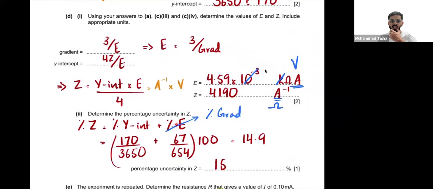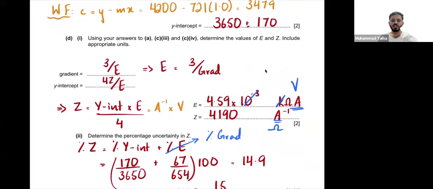Determine the percentage uncertainty in Z. So if you look at the formula here, it's the product of two things divided by a constant. So percentage uncertainty in Z would be percentage uncertainty in the y-intercept plus the percentage uncertainty in E. But because E itself comes from the gradient, that would also be equal to the percentage uncertainty in the gradient, right? So it's this 170 over 3650.